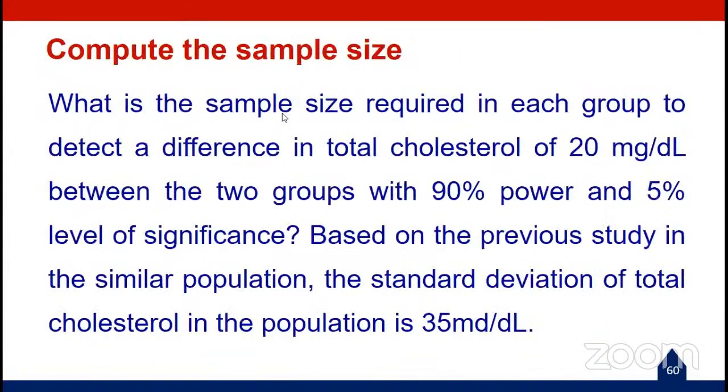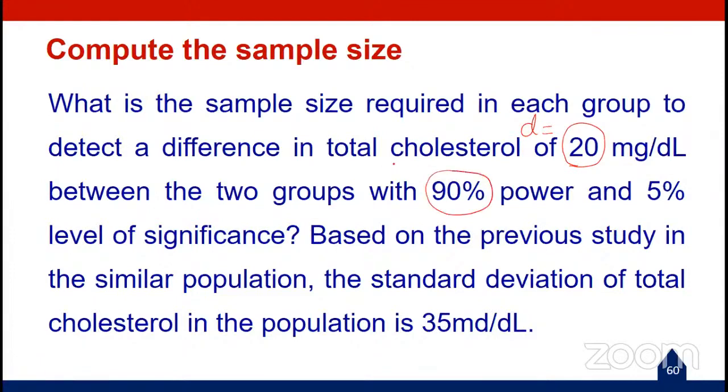Okay, so let's plug in the inputs. What is the sample size required in each group to detect a difference in total cholesterol of 20? See, D is 20, between the two groups with 90% power.